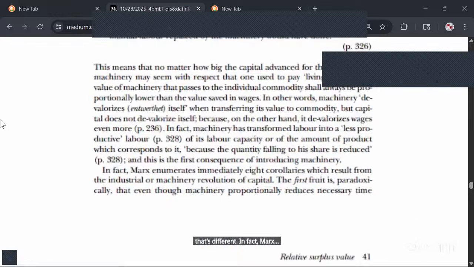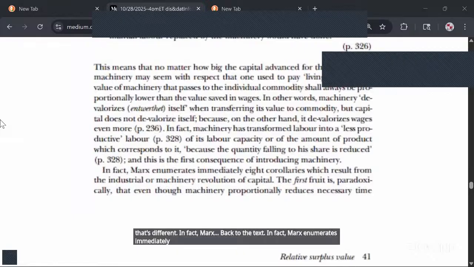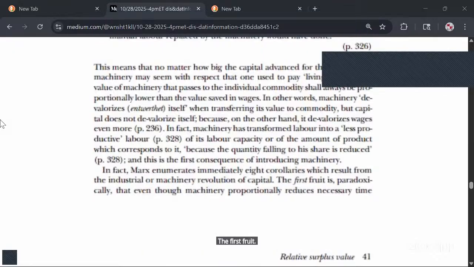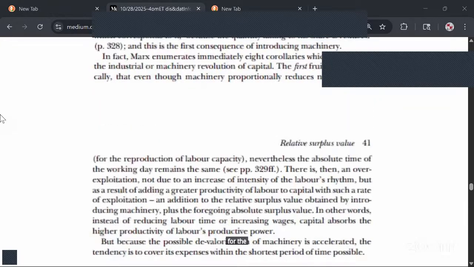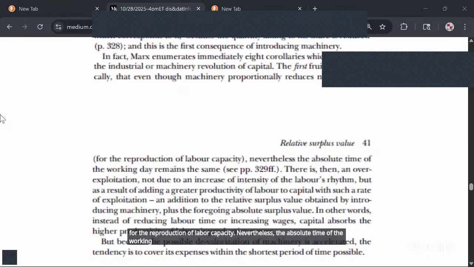Back to the text. In fact, Marx enumerates immediately 8 corollaries which result from the industrial and machinery revolution of capital. The first fruit is, paradoxically, that even though machinery proportionally reduces necessary labor time for the reproduction of labor capacity, nevertheless, the absolute time of the working day remains the same. You still punch in, punch out at the same time.